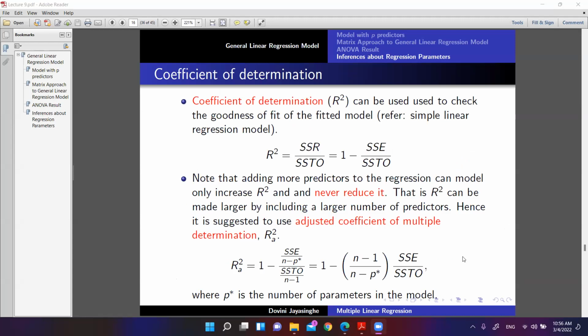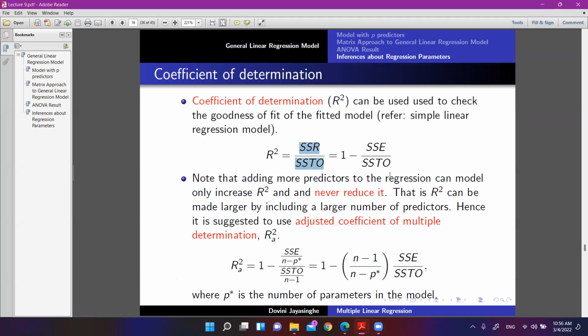Coefficient of determination. So this is basically the R square that we are talking about. We usually determine the goodness of fit by using the R square, right? In simple linear regression, this is the formula that we use to compute R squared. Out of the total variance, how much of the variance is explained by the regression model?